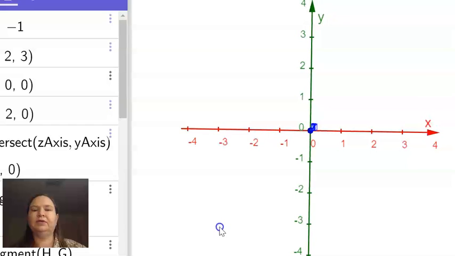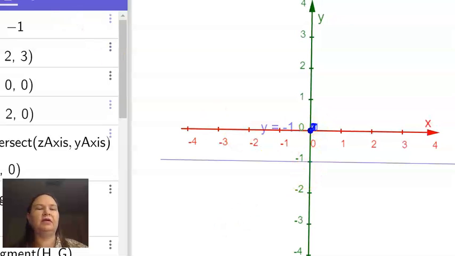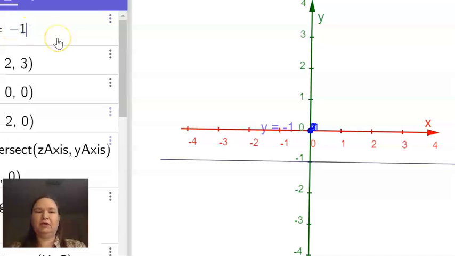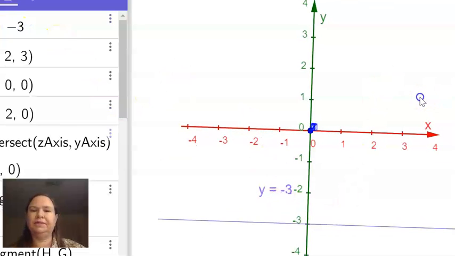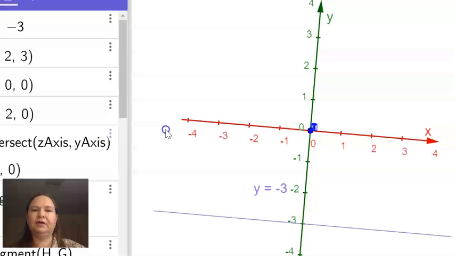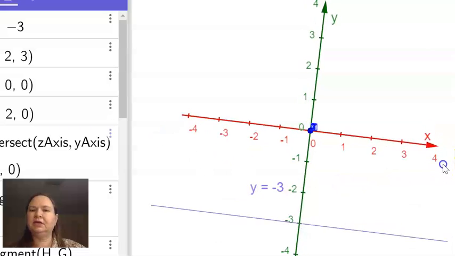So I'm going to turn this so that you can't see the z-axis. It's just pointing straight at you. And then we're going to graph the line y equals -3. Go. There's my line, y equals -3. Okay, so that's my line. It's down there, parallel to the x-axis.